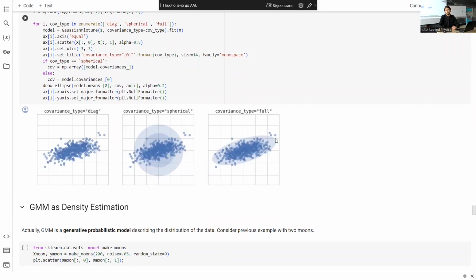In this case, you might have any matrix sigma, so nothing is restricted. And here you see how it fits some blob of points. Or you can say that it is spherical. That means that your normal distribution is symmetric with respect to rotation.